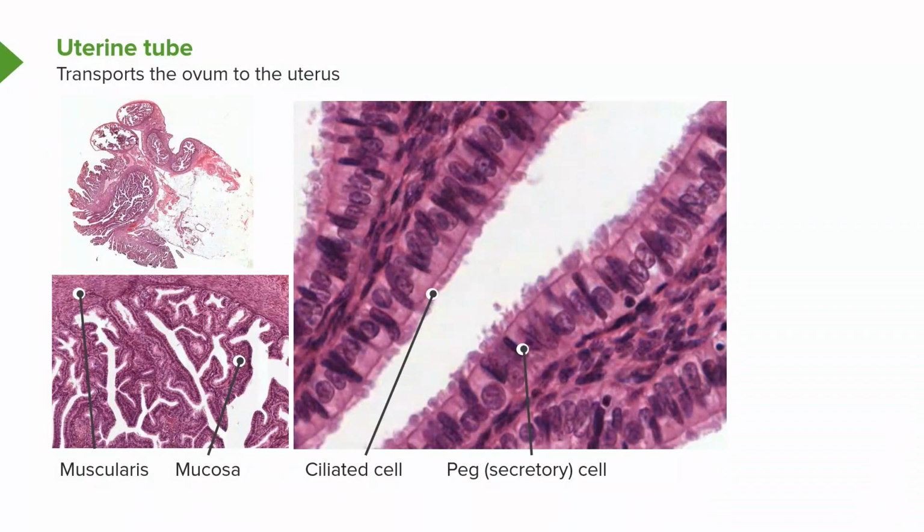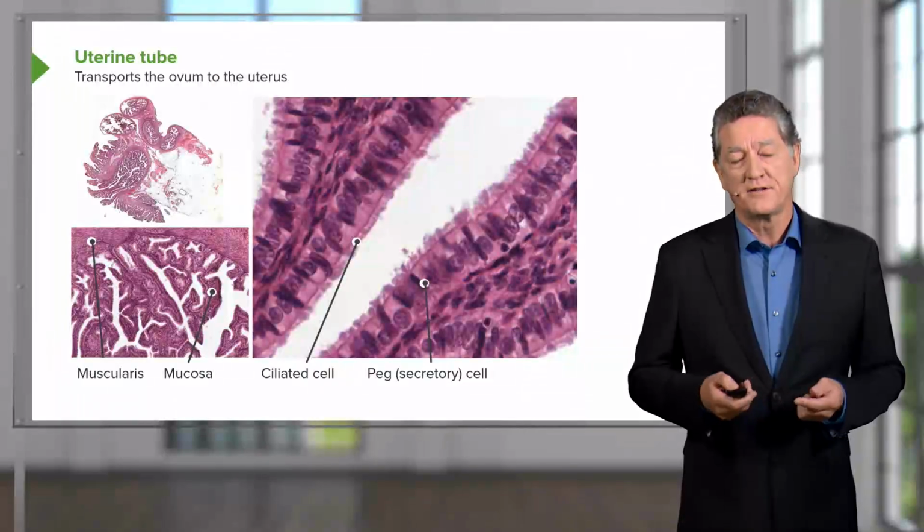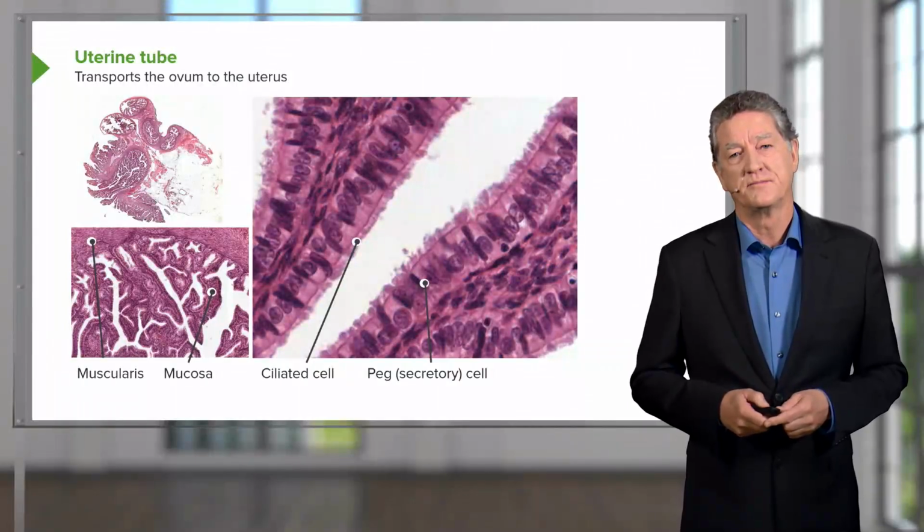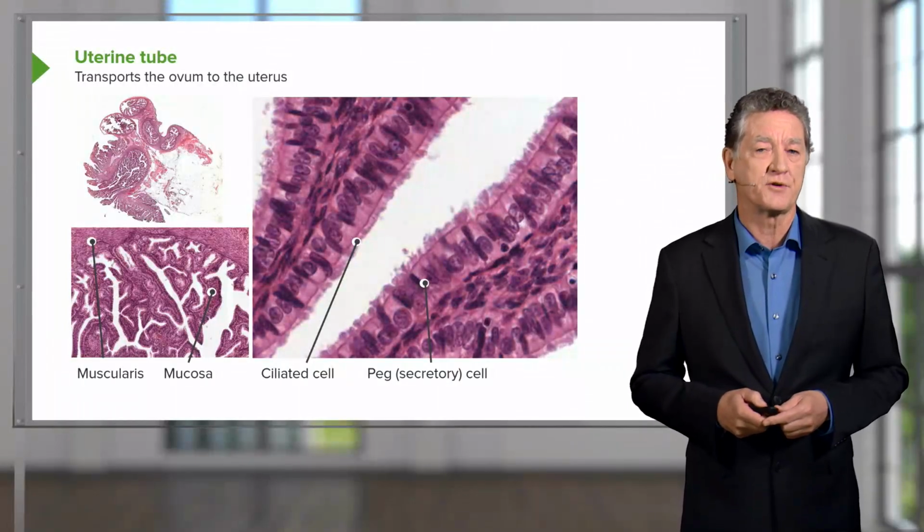Now, before we move on to looking at the uterus, the uterine tube also undergoes changes during the cycle. At around the time of ovulation, these ciliated cells and the PEG cells are maximum in number, and they can be as much as 30 microns in height. And during periods of non-ovulatory phases of the ovarian cycle, such as the follicular phase and the luteal phase, these various cells can be reduced to half their height, and they can lose the cilia and become non-secretory.